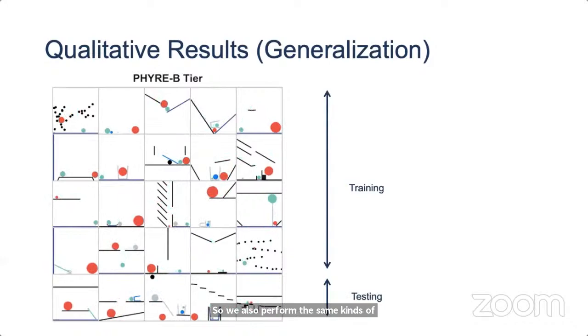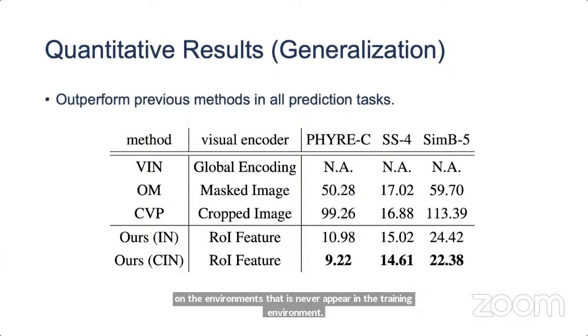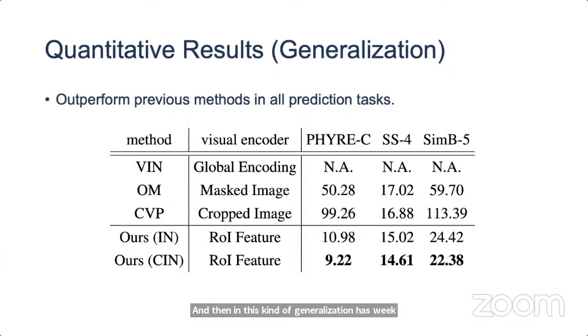We test on environments that never appear in the training set, and in this generalization test our approach is still better than all the other methods. The convolutional interaction network is also better than the interaction network. These are just some numbers.